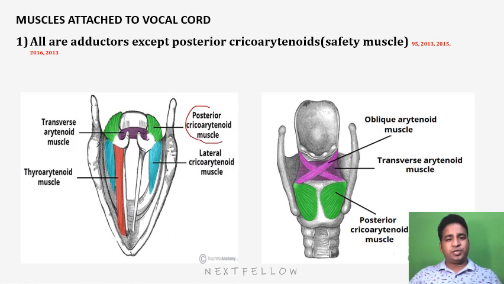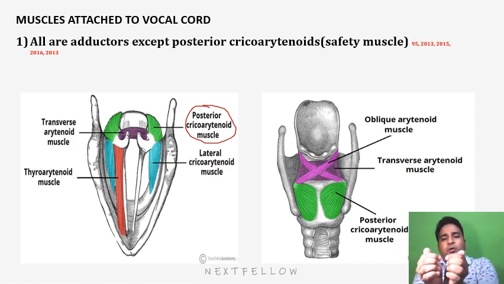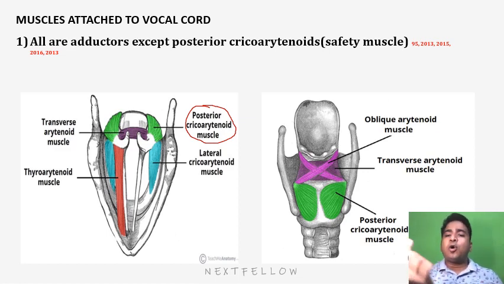This is my posterior cricoarytenoid muscle shown in green color. So when this contracts, the laryngeal inlet will open because the green color is this muscle. Just try to imagine, the vocal processes will go apart. And all the other muscles, like the oblique arytenoid, transverse arytenoid muscle, then the lateral cricoarytenoid muscle, are responsible for adduction of the vocal cords.